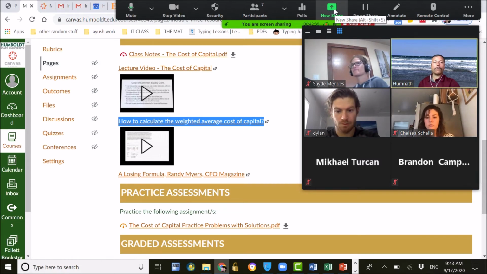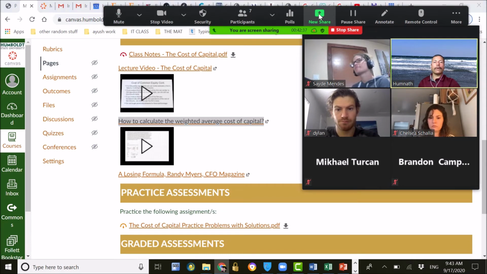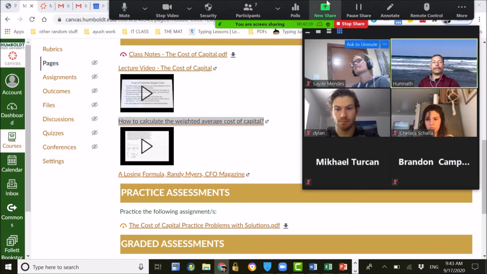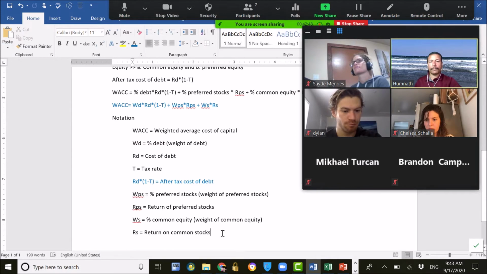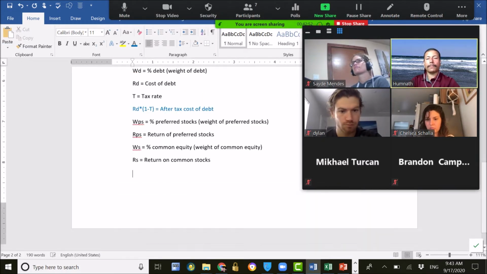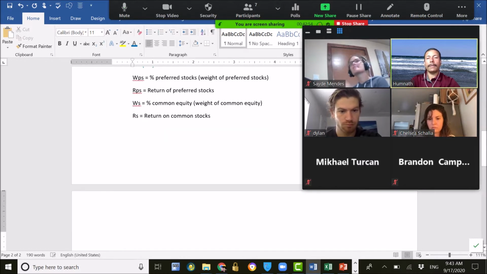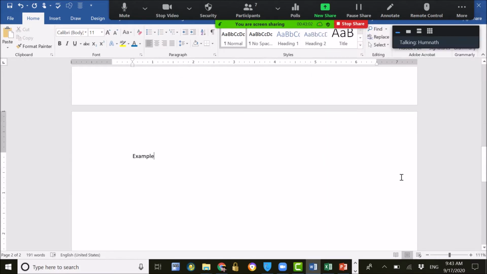All right, so now let me share this Word file again and then simply create a problem so we can solve together. All right, I'm going to write an example and then I'm going to break down. Okay, example. Maybe I'm going to put this one down a little bit.